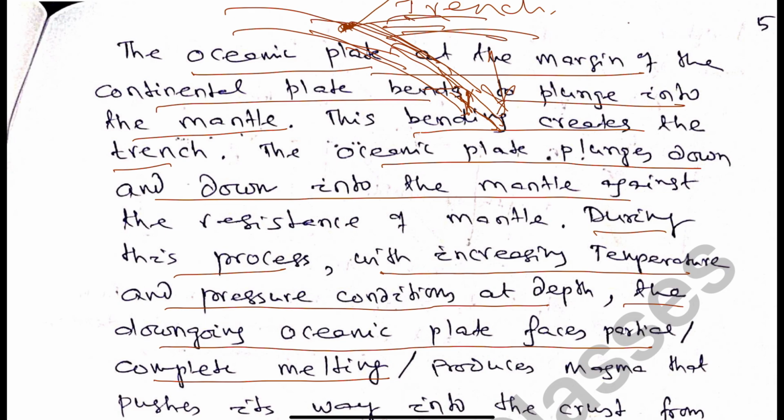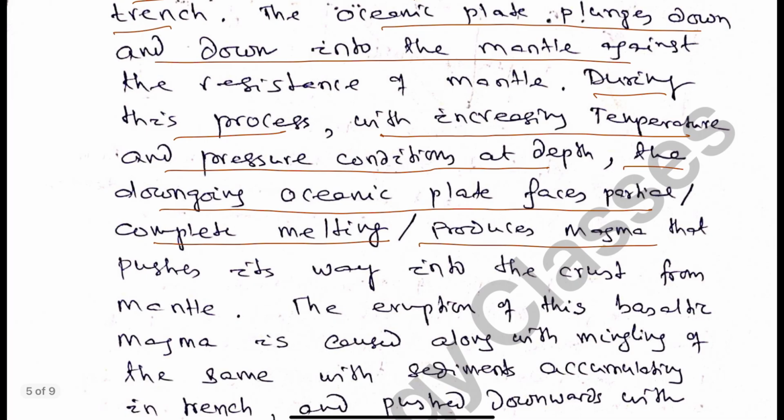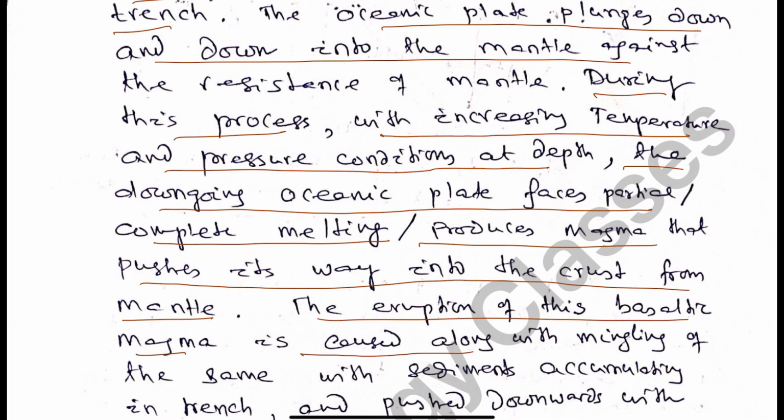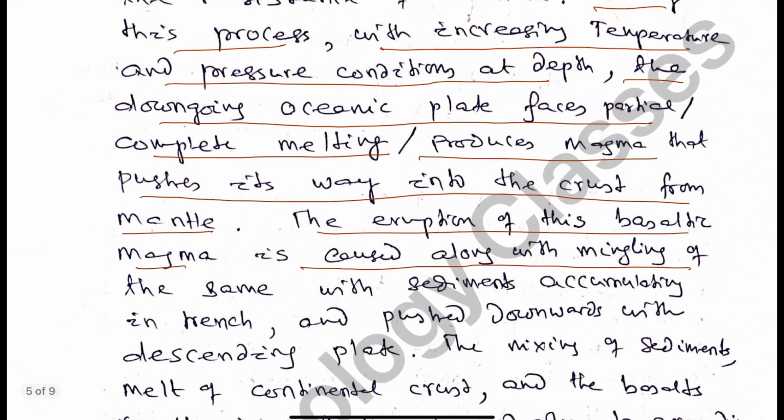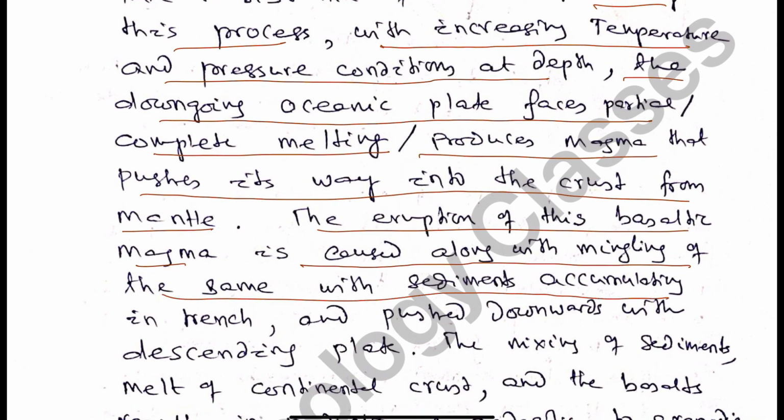There may be decompression, so temperature increasing, and decompression results in partial melting or complete melting of this downgoing oceanic plate, as a result of which magma is generated, which once created, pushes its way into the crust from the mantle, and the eruption of this basaltic magma is caused along with mingling of the same with the sediments accumulating in the trench and the sediments which are pushed downwards with the descending plate.